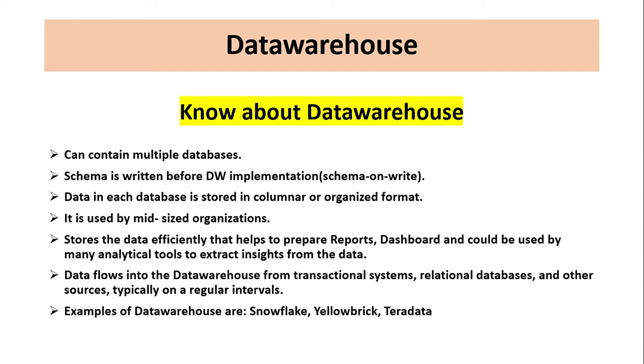In a data warehouse also, it could be that transformed data is there and the schema has already been written, or the schema will be written at the time of analysis. At times the data contained in the data warehouse does not have a particular schema, so at the time of analysis the schema will be written for it.